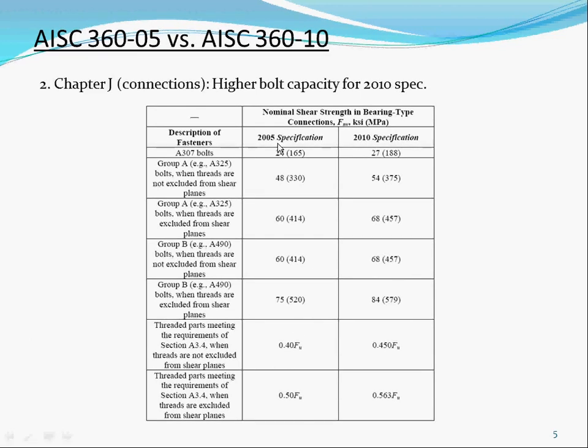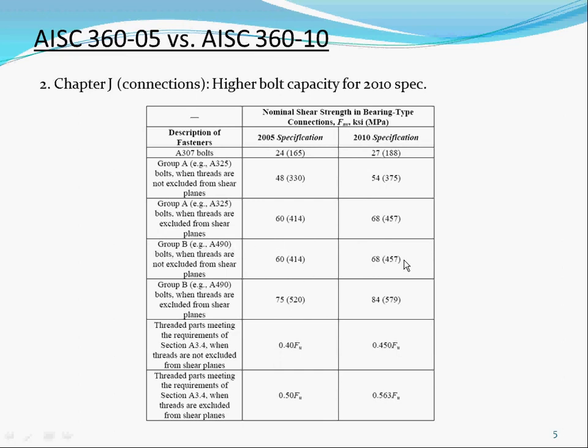You can see the comparison between 2005 and 2010, where you're getting an increase in the shear stress from 60 to 68 ksi. So these are the ones we are using, the A490.